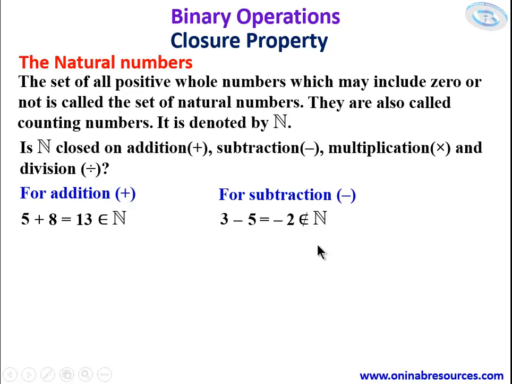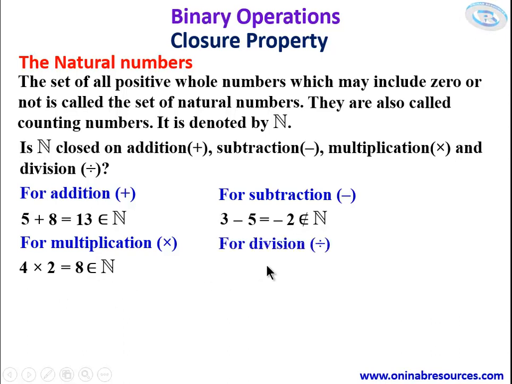We cannot count an object and record -2, so -2 is not an element in N. Then for multiplication, we have 4 multiplied by another counting number or natural number, which is 2. 4 times 2 gives 8, and 8 is an element in the set of natural numbers.